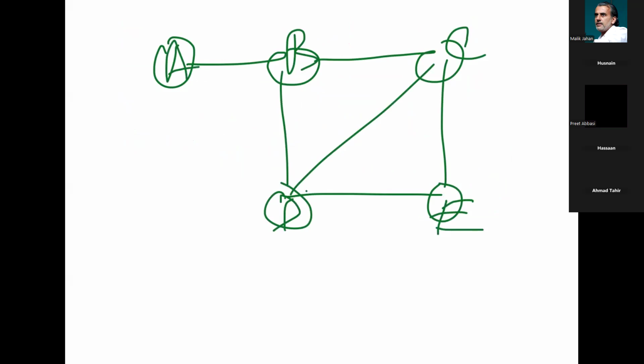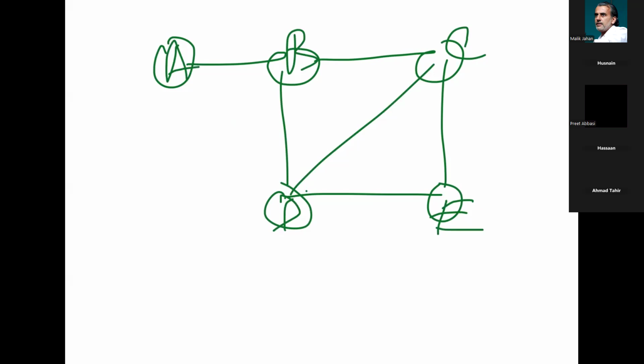B and A. What do we mean by a connected pair of vertices? We've just done this on the previous slide, right? So does there exist a path from B to E? BDE or BCE, two paths. We are interested in at least one path. Okay. So the graph is connected.